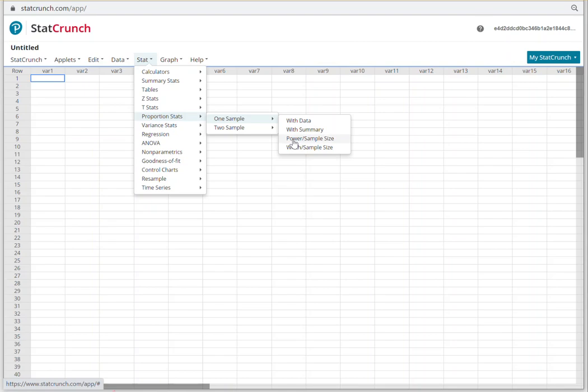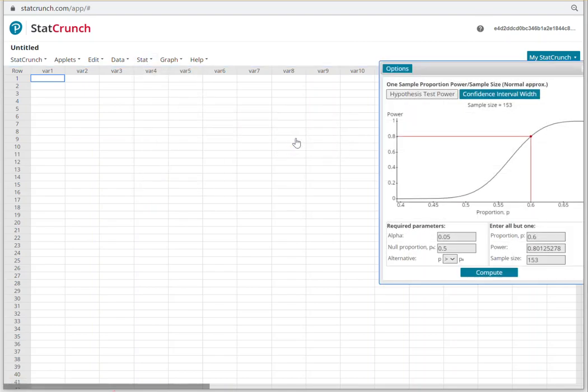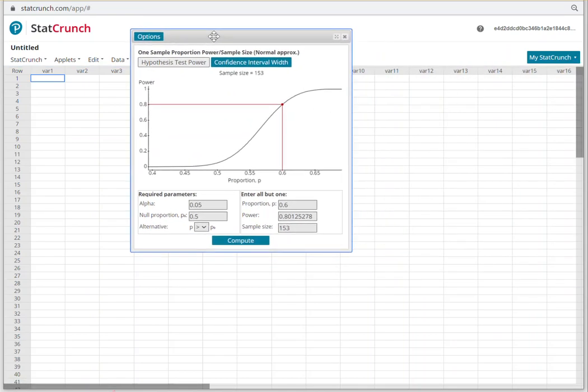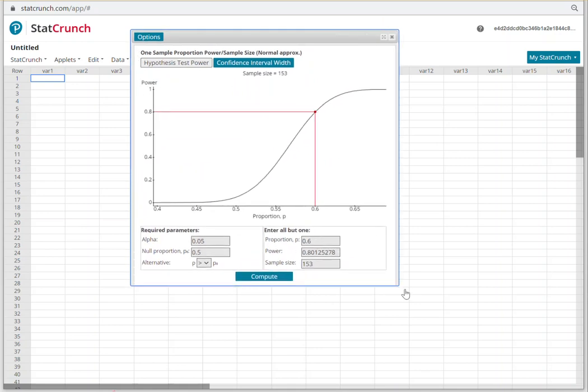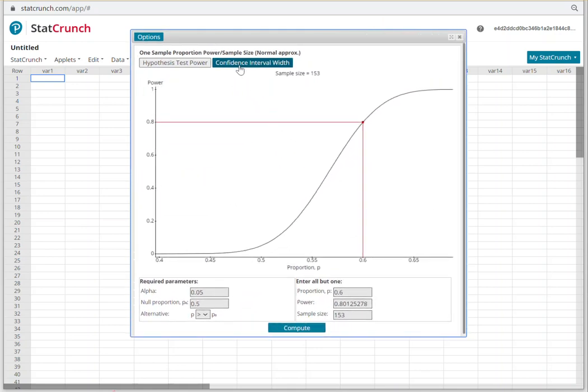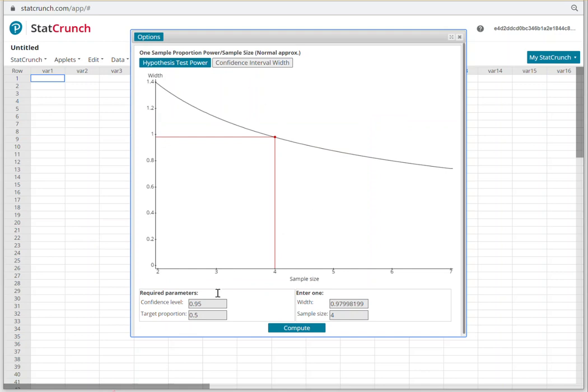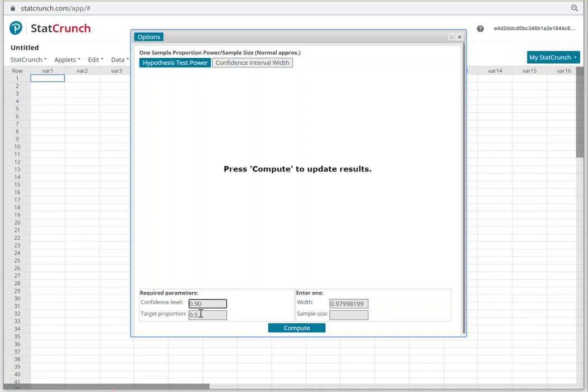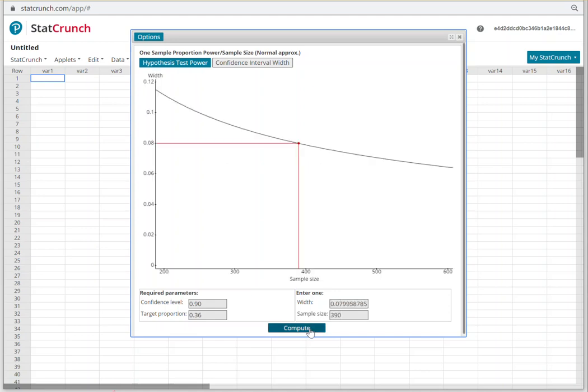Here we're going to go to power sample size. We want to go to confidence interval width, and ours is a 90% confidence interval. Our target proportion, we said it was 0.36, and the width was 0.08. So when we hit enter, we get 390. So that's the answer to part A.